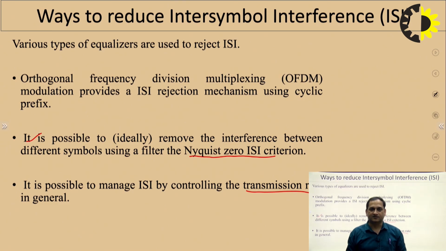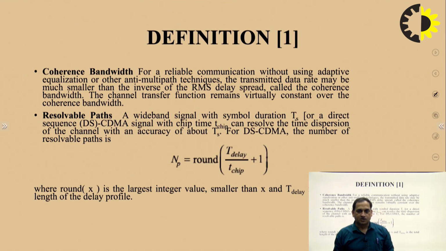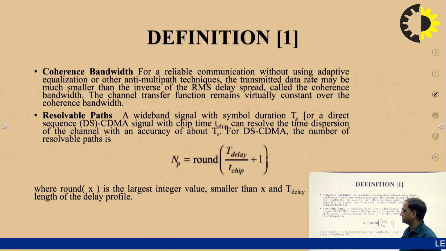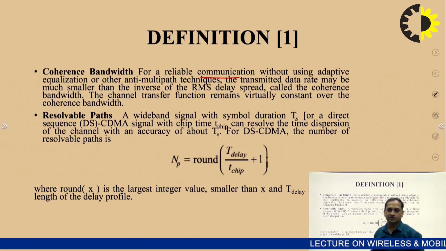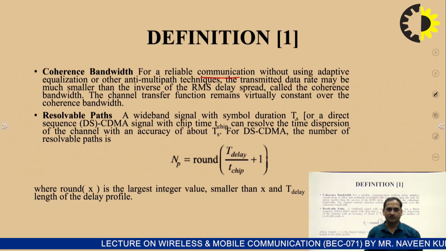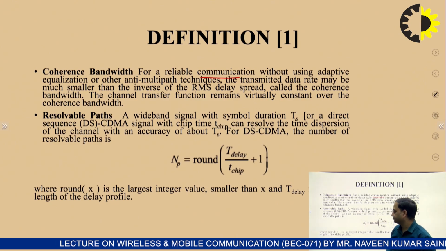There are a few definitions like the coherence bandwidth and resolvable paths. Let's see first the coherence bandwidth. For reliable communication without using an adaptive equalizer or other anti-multipath techniques, the transmitted data rate must be much smaller than the inverse of the RMS delay spread.